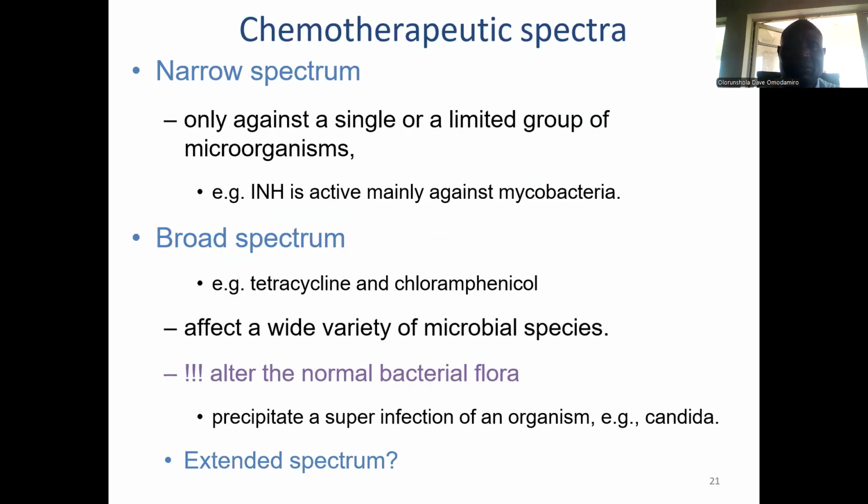The chemotherapeutic spectra. As we have already discussed, we have a narrow spectrum. The narrow spectrum is only against a single or a limited group of microorganisms, either gram-positive or gram-negative organisms, like isoniazid, which is active mainly against mycobacteria.